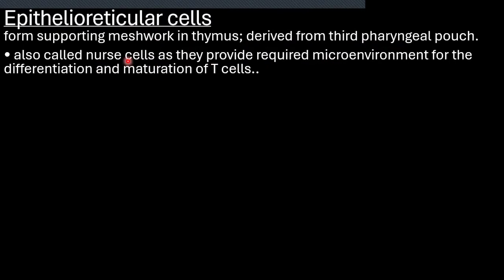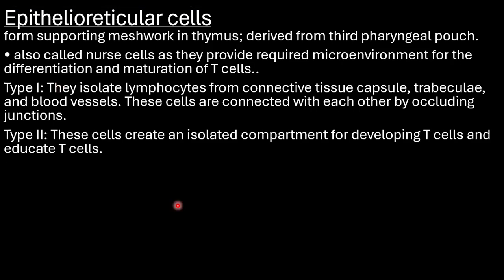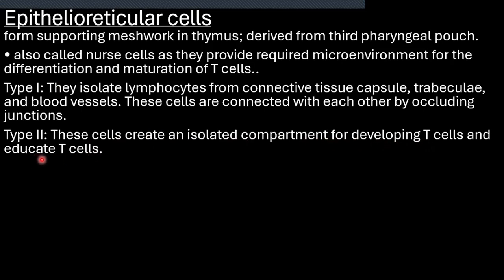So type 1 epithelial reticular cells are simply important in the formation of the blood thymic barrier. Just remember that. Formation of the blood thymic barrier. Then type 2, they create an isolated compartment in the cortex, and they educate the T cells within the cortex.